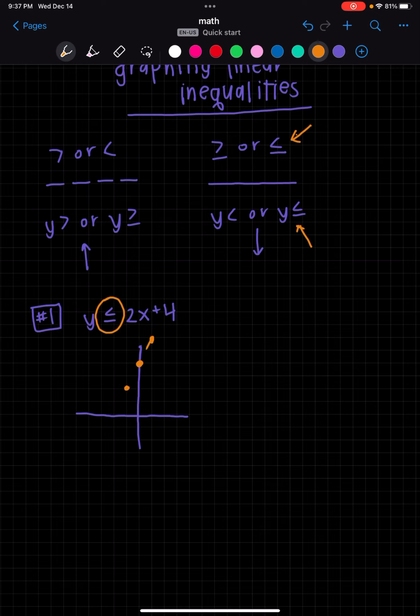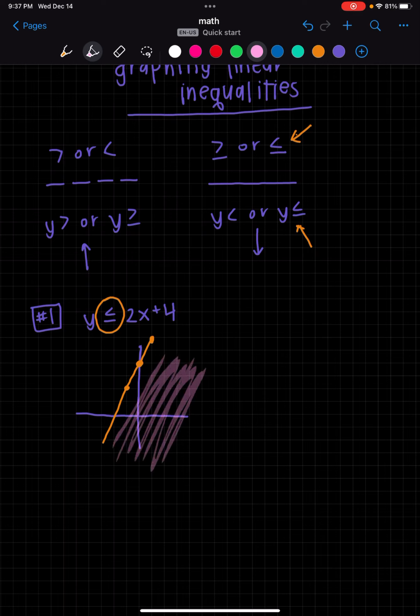So the first thing I'm going to do is draw a solid line through those points. Then, since it's y is less than or equal to, from the bottom rule, we shade below that line. All you have to do is color in or fill in the bottom half, or below that line. It doesn't look great on the iPad.